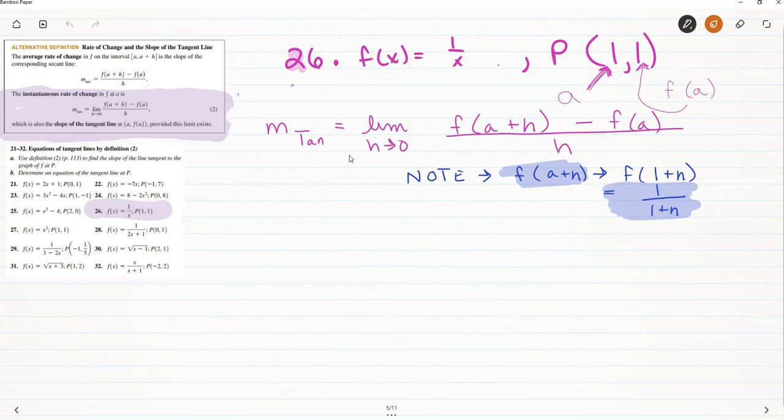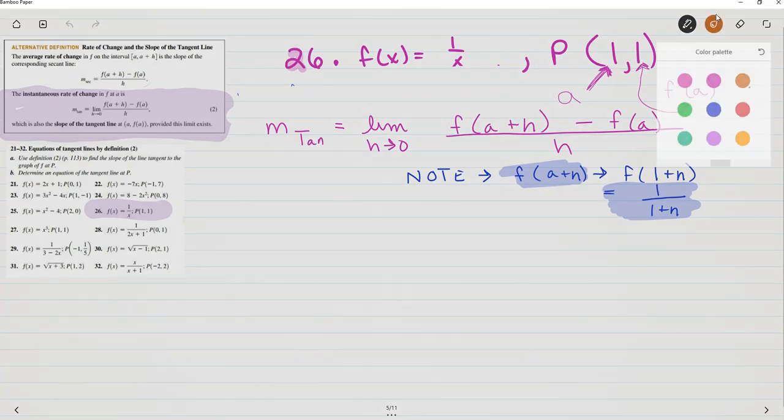So I'm going to write that f of x is 1 over x at 1, 1, and the definition we're going to use is that the slope of a tangent line is equal to the limit as h approaches 0 of f of a plus h minus f of a, all over h. Now notice that f of a plus h is when we let a equal 1.